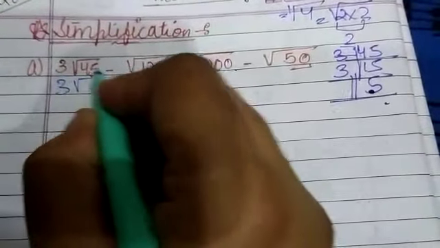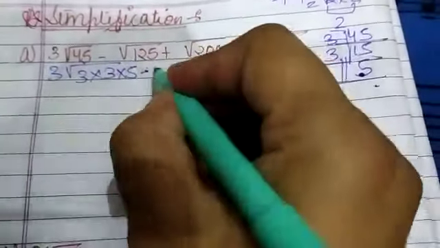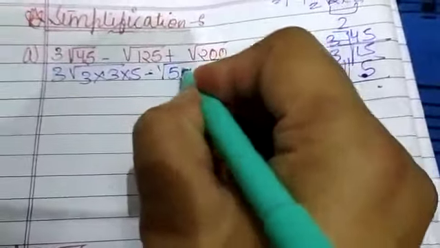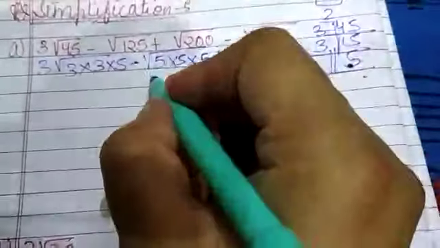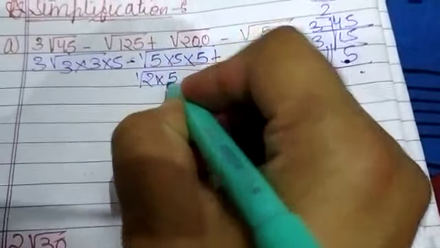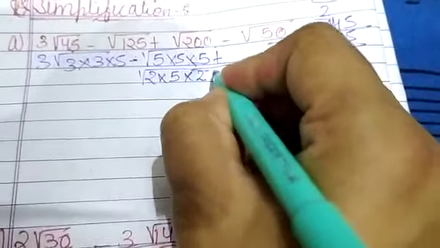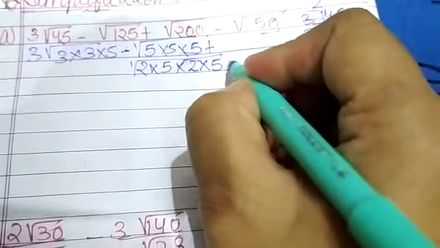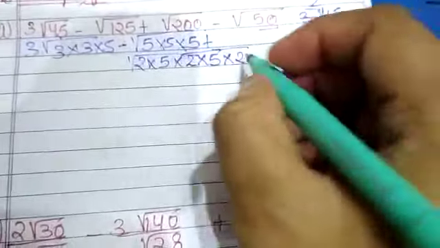As I have told you, for 45 the prime factors are 3, 3 3s are 9 and 9 5s are 45. Now 125: 5 5s are 25 and 25 5s are 125. Next is 200: 2 into 5, 5 2s are 10, 10 2s are 20, 2 5s are 100 and 100 2s are 200. This is the prime factors of 200.